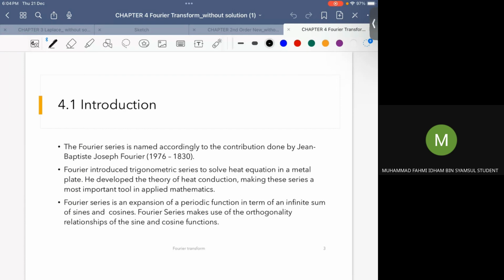And you use the Fourier series to solve the heat equation, where the heat equation actually is one of the partial differential equations.